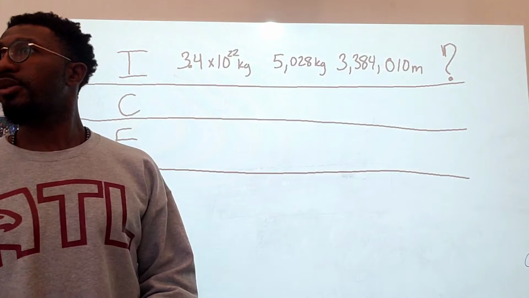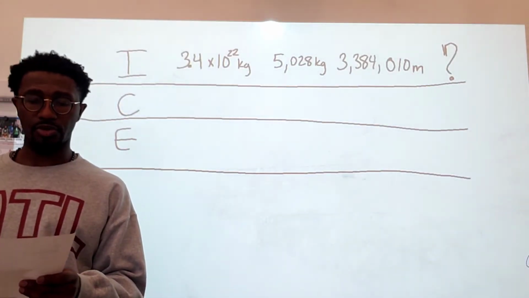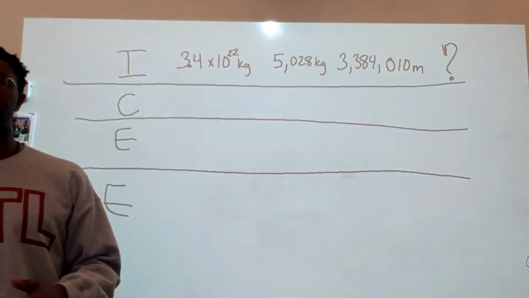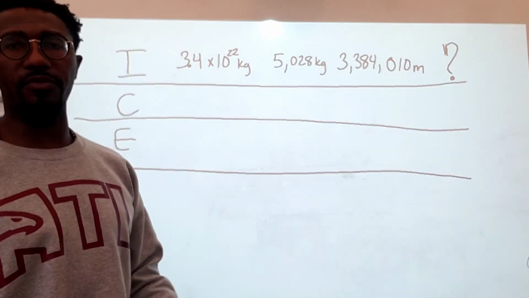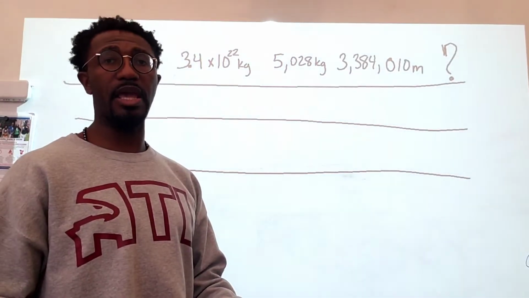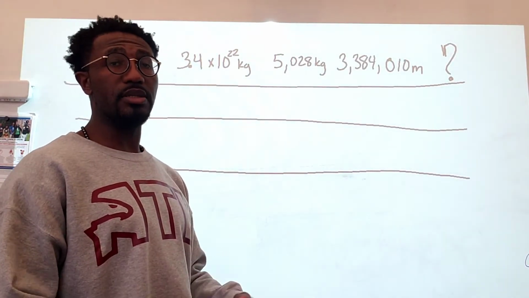For example, the problem says the mass of object 1 is 3.4 times 10 to the 22nd power kilograms. Oftentimes students will see the units and not know what category it falls into. That is something you should practice to be able to identify a variable based on its units, right?